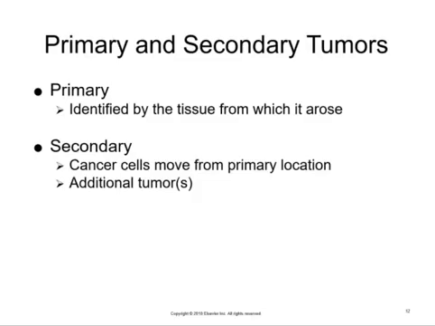You'll see this sometimes with patients that have multiple tumor sites where they're biopsying it. A lot of times what they're trying to determine is where the original site was. What was the original site for the cancer?